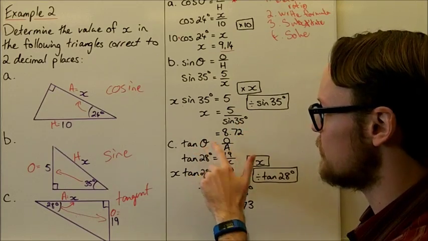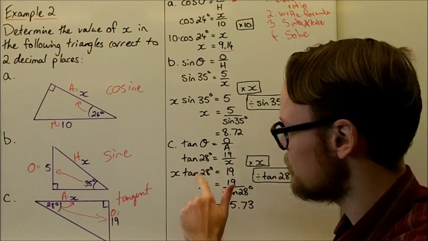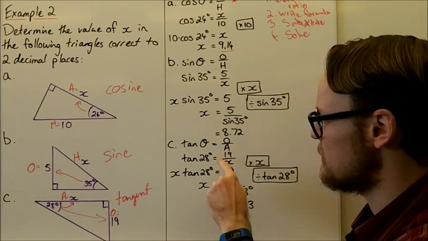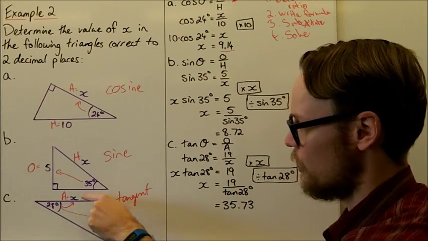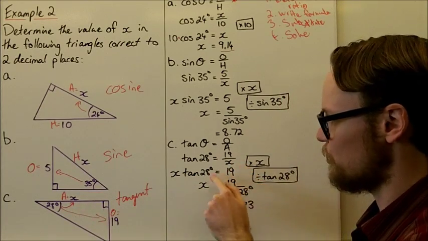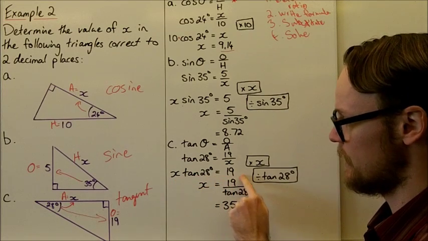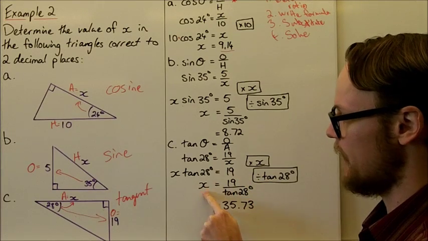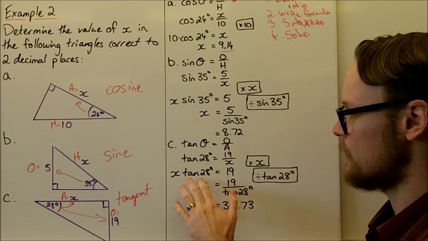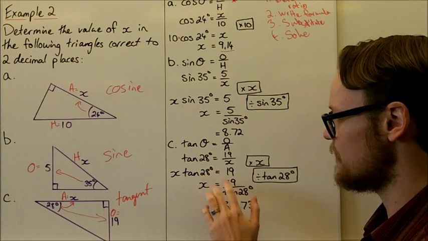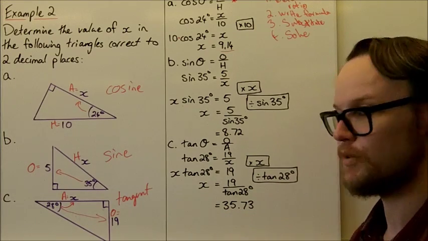We write our formula, tan theta equals opposite over adjacent, and substitute in values: tan of 28 degrees is equal to 19, our opposite side, over x, our adjacent. Multiply both sides by x to get x tan 28 degrees equals 19, and then divide both sides by tan 28. Remember, this is one number, so we can divide both sides by it. 19 divided by tan 28 is equal to 35.73.